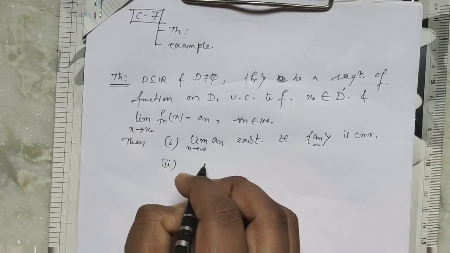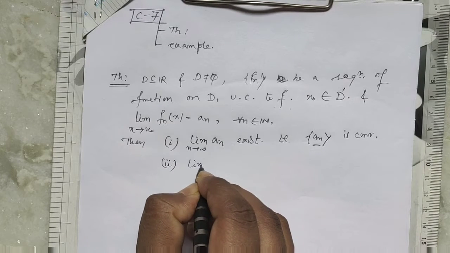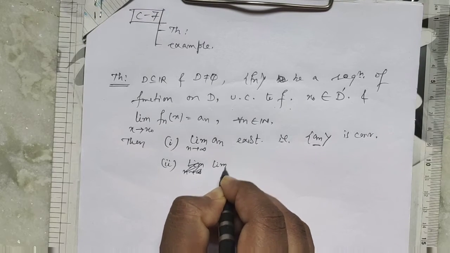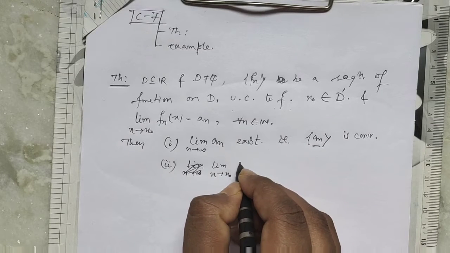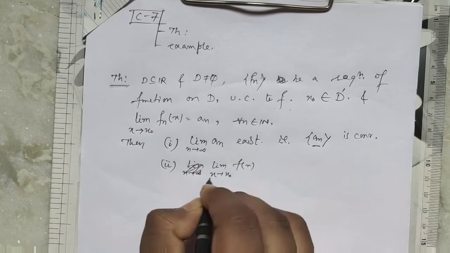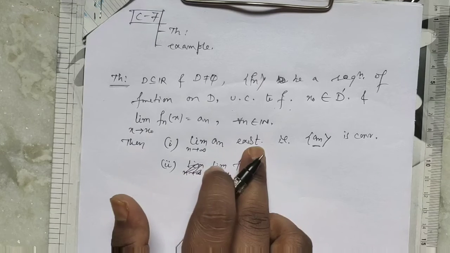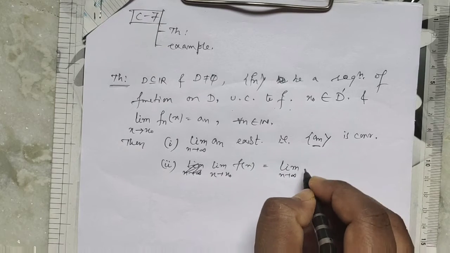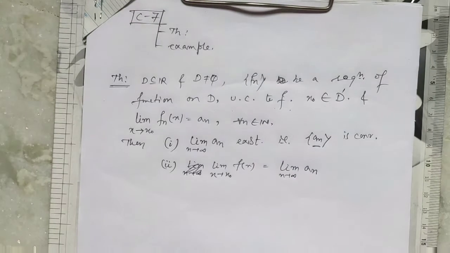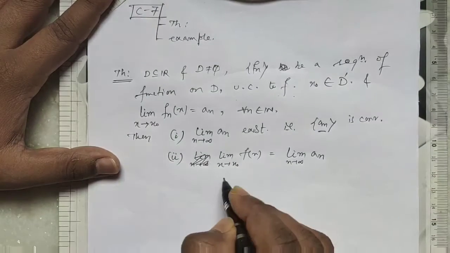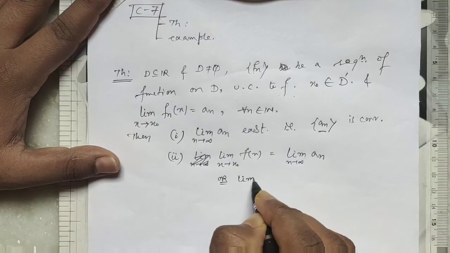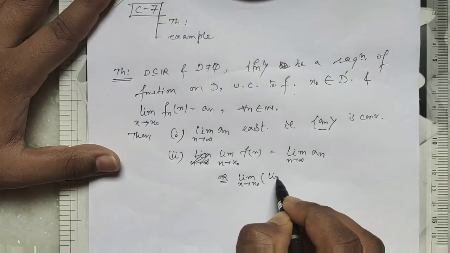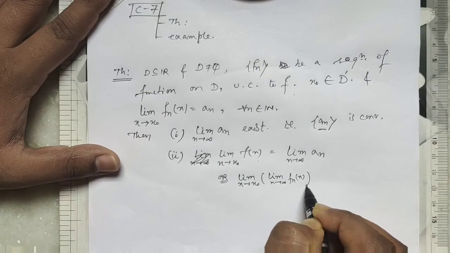Number 2, limit as n tends to infinity, limit as x tends to x0 of f_n(x), this limit exists and is equal to limit as n tends to infinity of a_n. This can also be written as f(x), since f_n only converges to f, so limit as n tends to infinity of f_n(x).